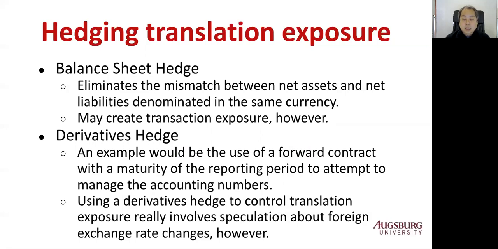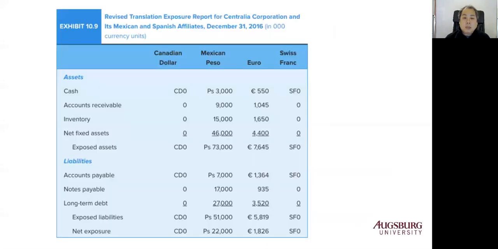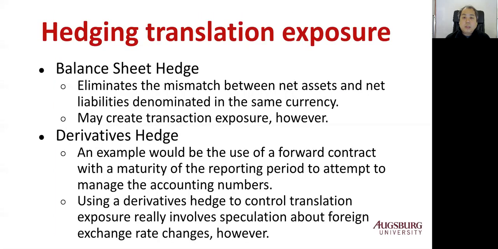can be seen in the previous slide here. So this is how they use it. They basically change the balance sheet to euro, right? So there are 1,826,000 euro more exposed assets than liabilities.